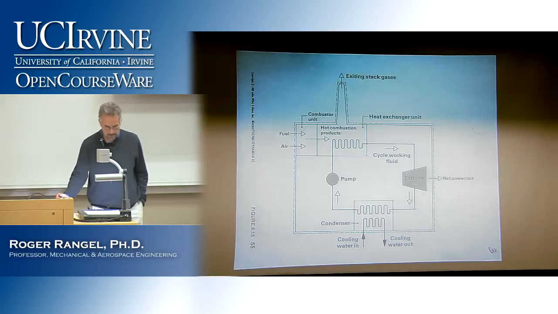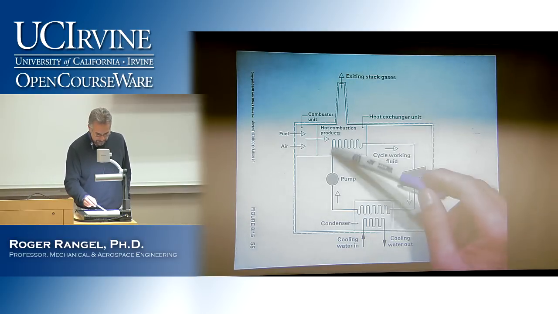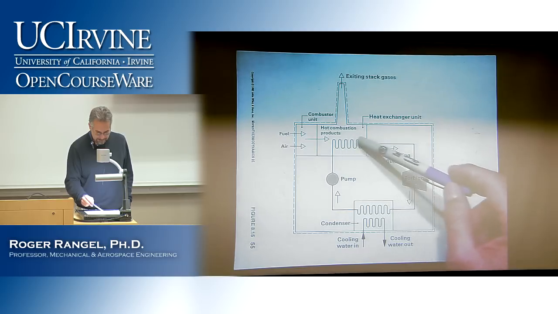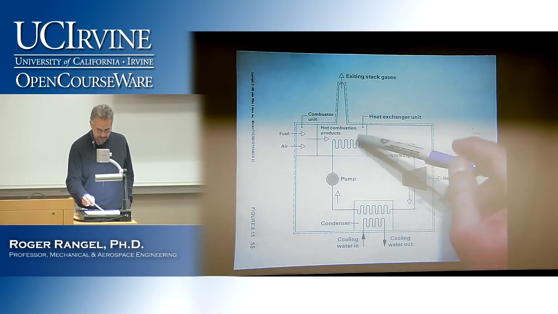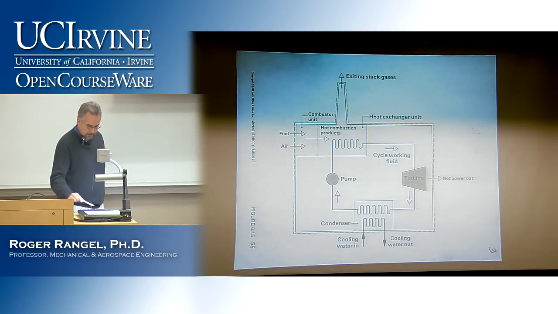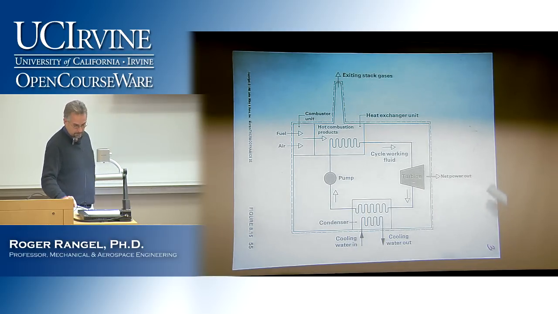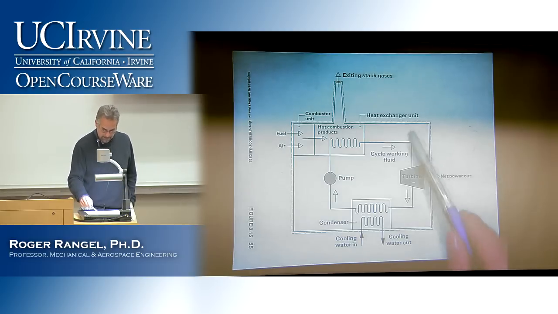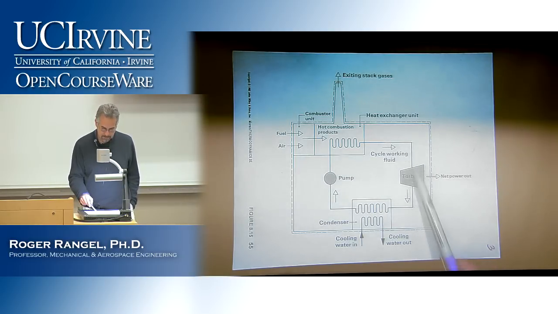So high temperature, high pressure water. And then that high temperature, high pressure steam is then used to drive a turbine. The turbine delivers the net power out that we want, and then the steam comes out from the turbine at a lower pressure.